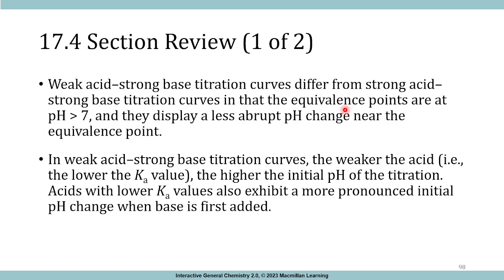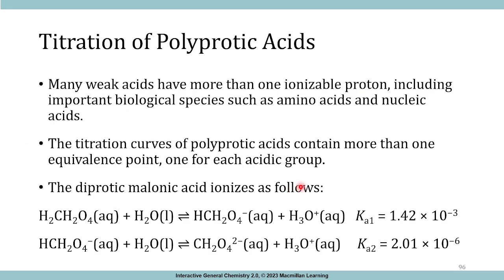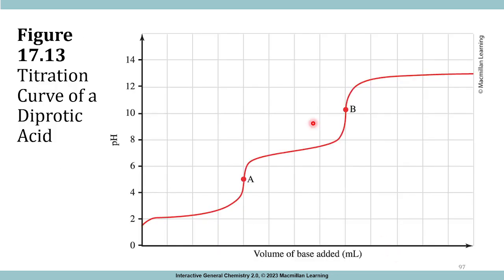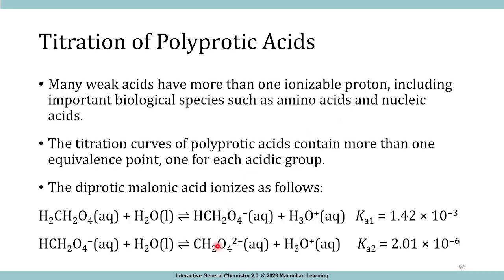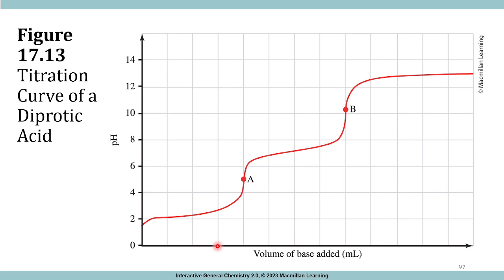And again, all of those buffer regions and equivalence points are just dependent on that Ka2. Okay? And so at that point right there, we have generated all of our species in this solution as being that, which is the fully deprotonated conjugate base. And then after this point, we're just adding excess strong base, aren't we? Okay, everybody see that and understand when you look at that?